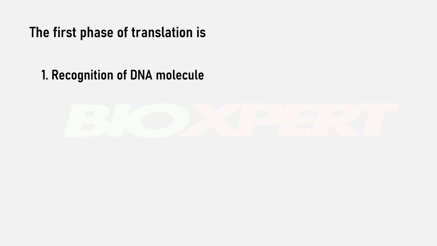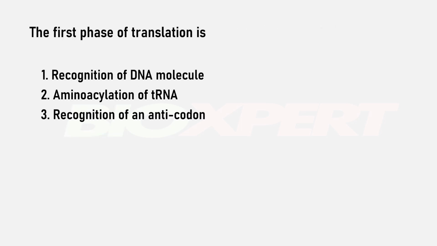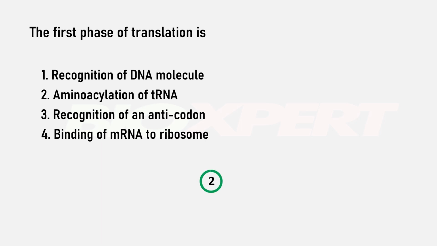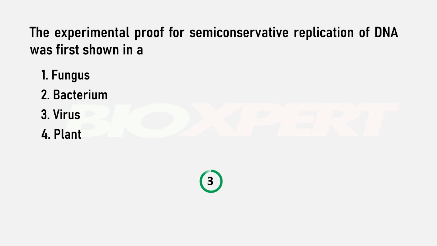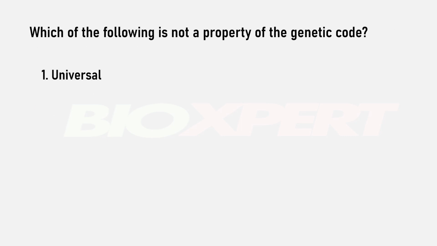The first phase of translation is binding of mRNA to ribosome. The experimental proof for semi-conservative replication of DNA was first shown in bacterium. Which of the following is not a property of the genetic code?